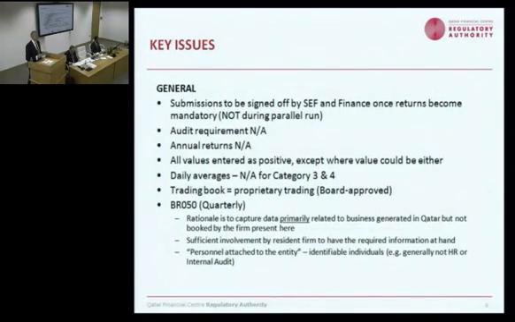All values are entered as positive. Obviously, there are certain values on the income statement that can be negative. Those cells are open, and you can enter negatives in those cells, but you cannot enter negatives in other areas. Not applicable to our audience today, unfortunately, but category 3s and 4s will not be required to provide us with average daily balances.